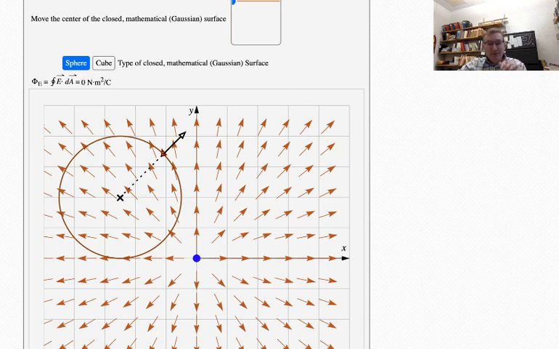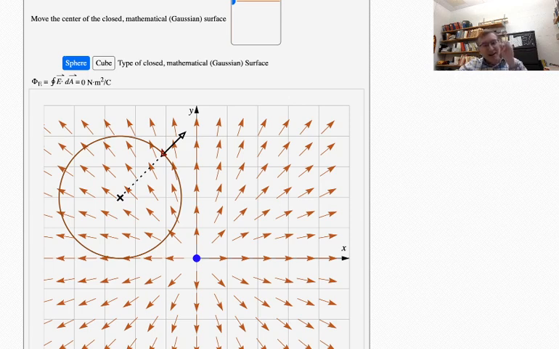Okay, but when you've got an arrangement like I have it now, we know the electric flux has to be 0 because there's no Q enclosed. It must be the case that I have exactly an equal amount of positive flux contribution from electric field vectors piercing outward, like up here in the upper left, as negative flux contribution from electric field vectors piercing inward, such as happening down here in the lower right.